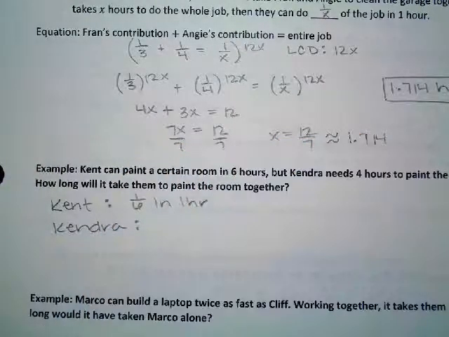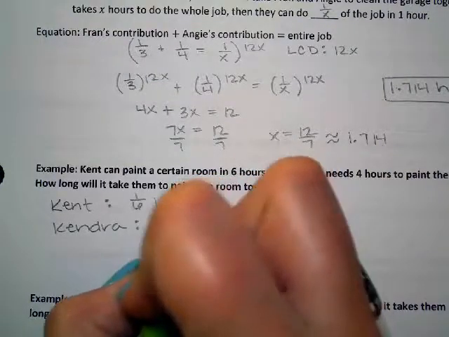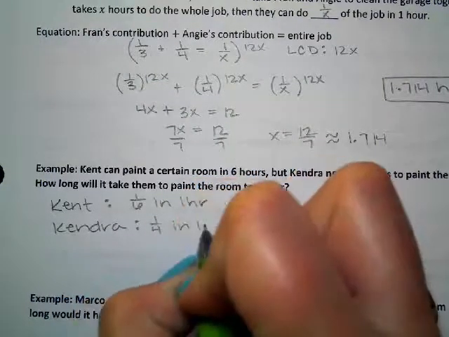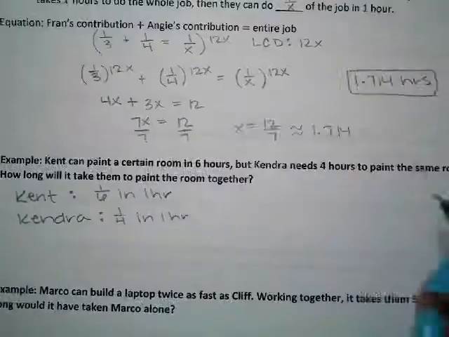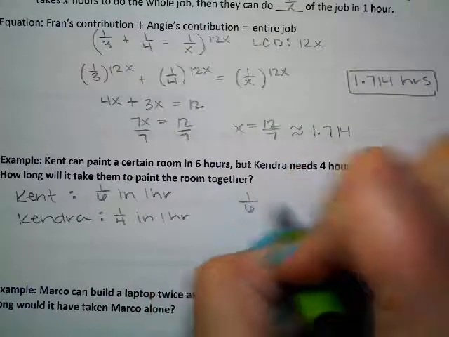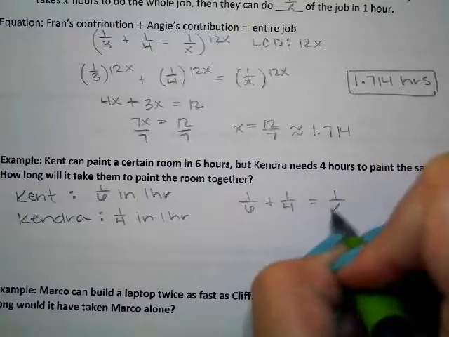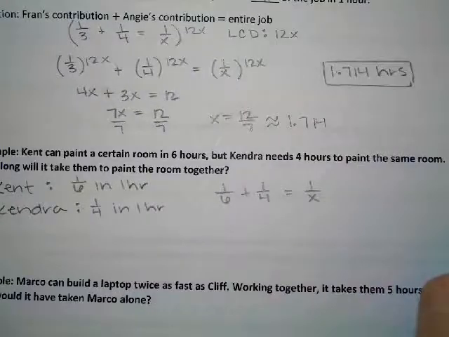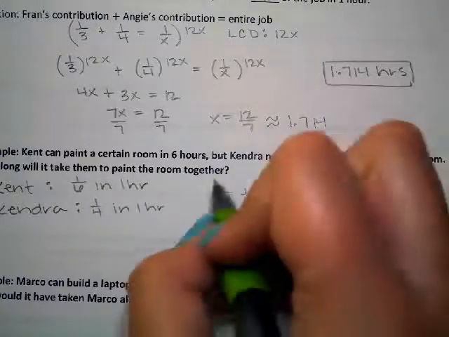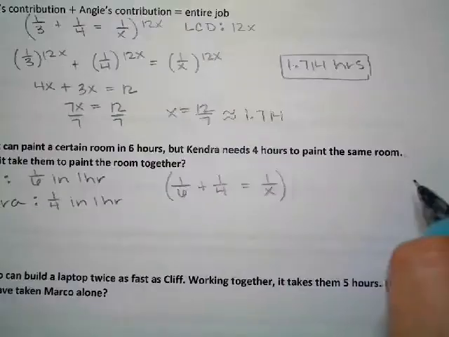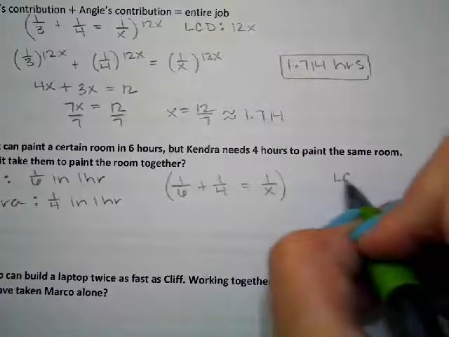Kendra needs 4 hours to paint the same room, so she can do 1/4 of the room in 1 hour. So we're going to say that 1/6 plus 1/4 is going to give them 1/x of the room in 1 hour. So we're going to multiply this by the least common denominator.